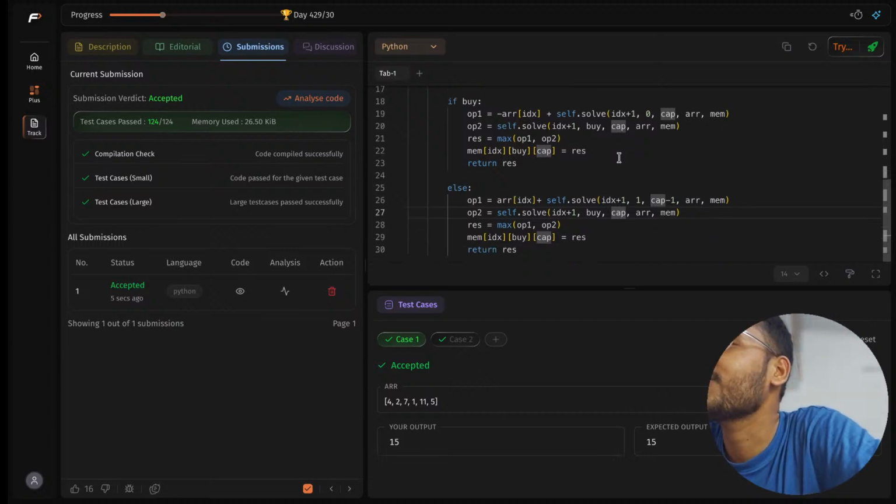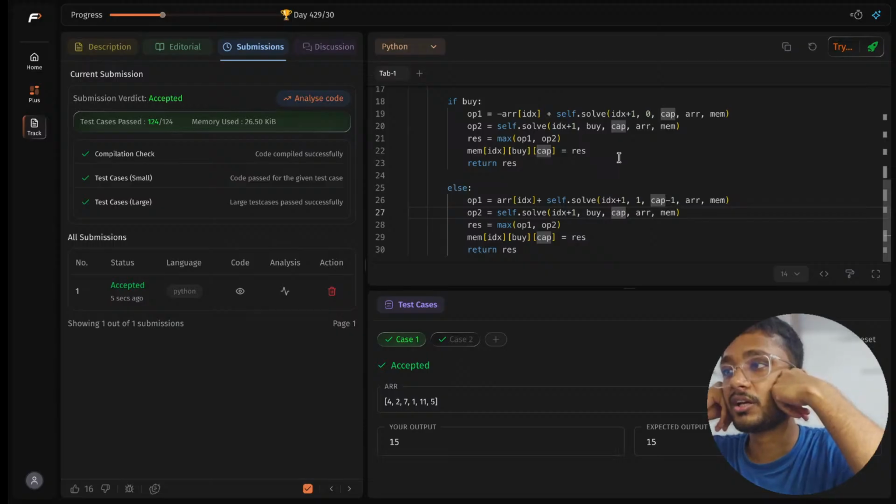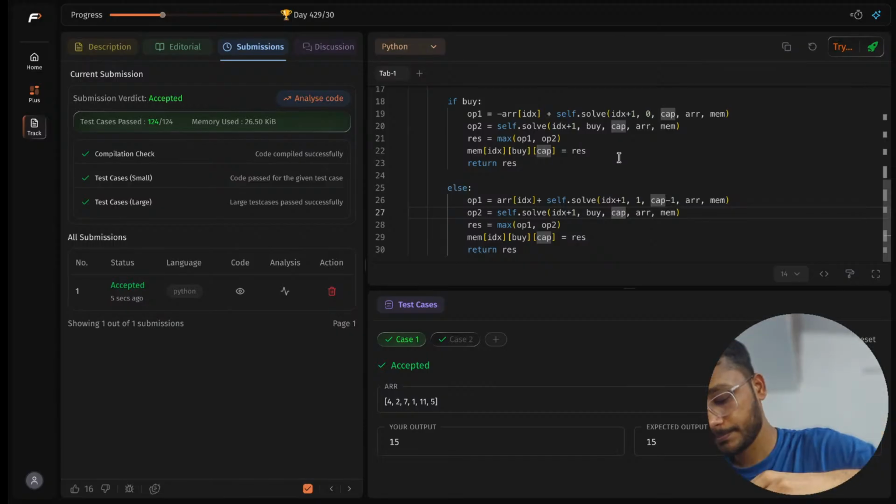Oh man, why are you making some mistakes? Very bad mistakes. I'm just thinking like, do I need a bigger array? 3D array?